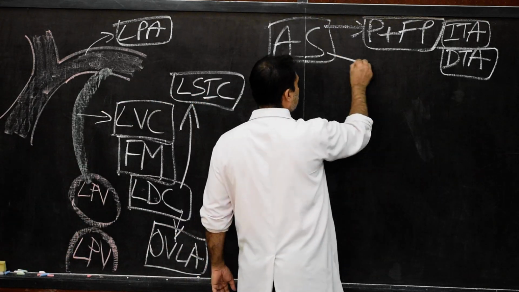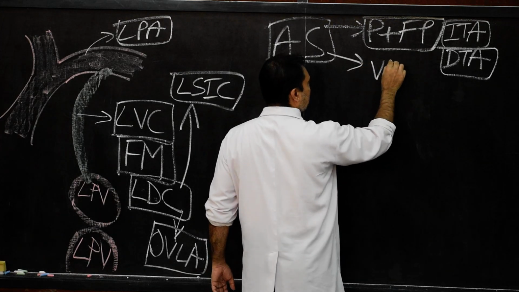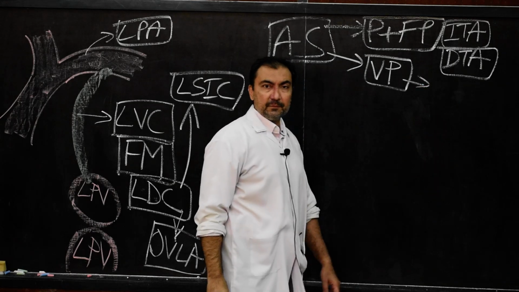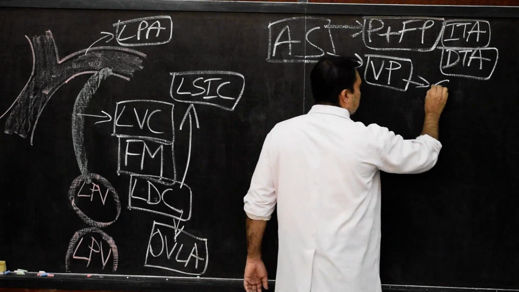Then we come to the visceral layer of serous pericardium. Its arterial supply will be from the coronary arteries.